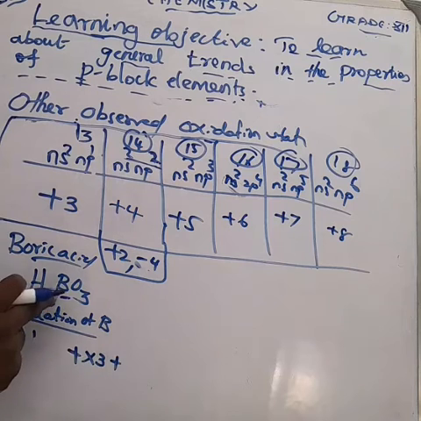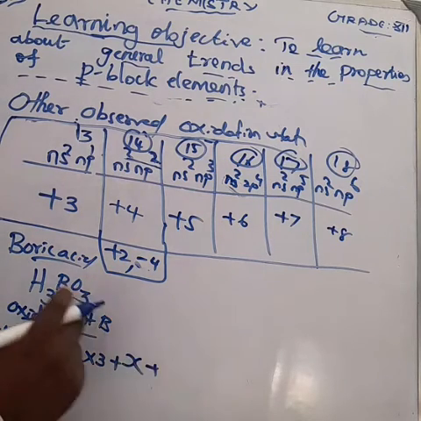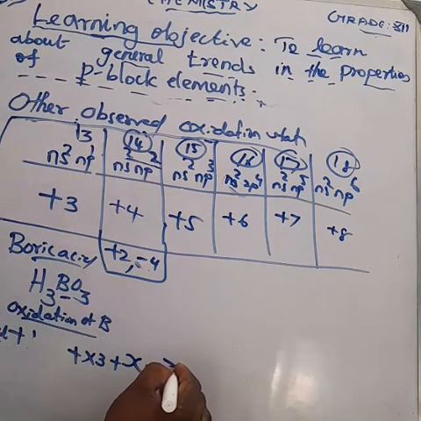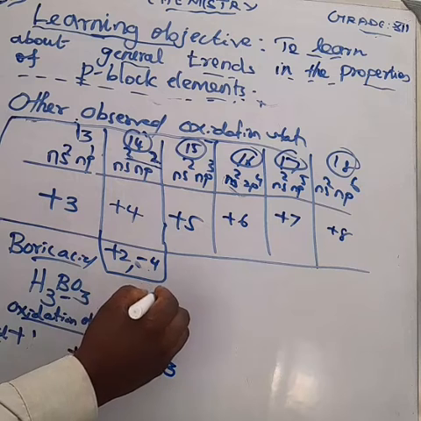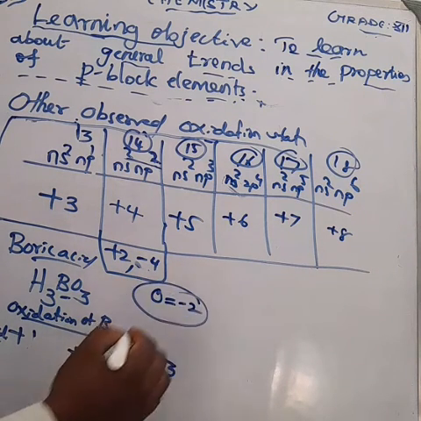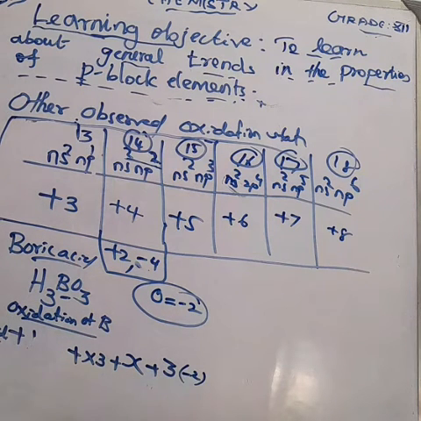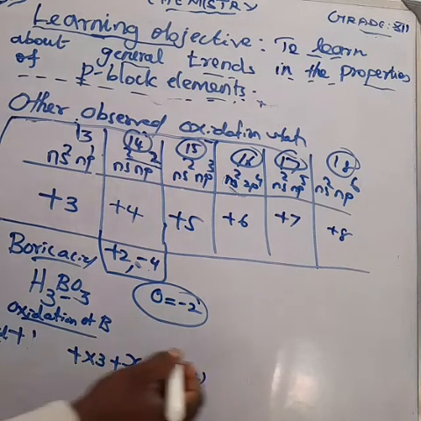You have to find boron, so it is taken as X, plus how much oxygen is there? 3 oxygen. Don't forget that for oxygen the oxidation number is -2.